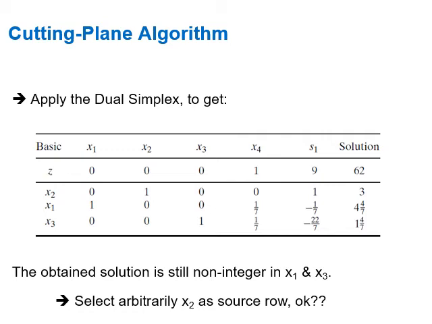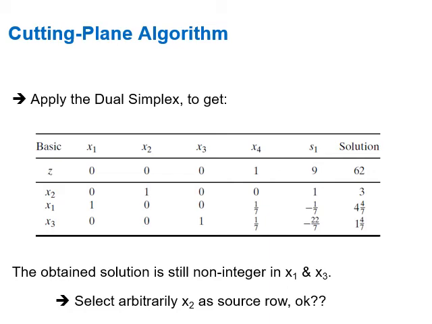Okay, no cuts corresponding to this row. X2 is already integer. X2 is equal to 3, the right hand side. So if you do the same thing for the row 0, again you will not be able to obtain a cut from here. So we should consider these two rows for writing a cut. Okay, you can use any one of them. Let's use this x1 row, try to write a cut.